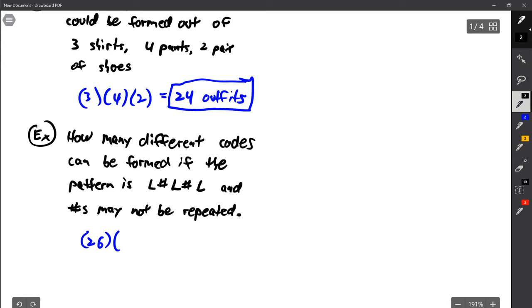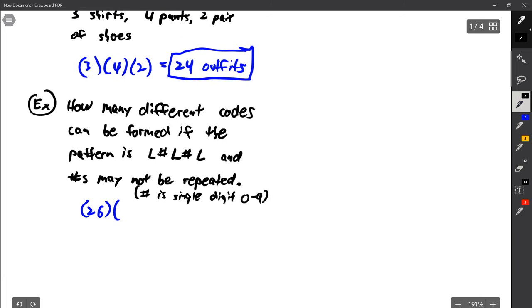I should clarify that the numbers are single digits, 0 through 9. So there are 10 options, and then another 26 letters to pick from. But now there are only 9 digits to pick from because whatever digit came first, we're not allowed to reuse it. And then another 26 letters.